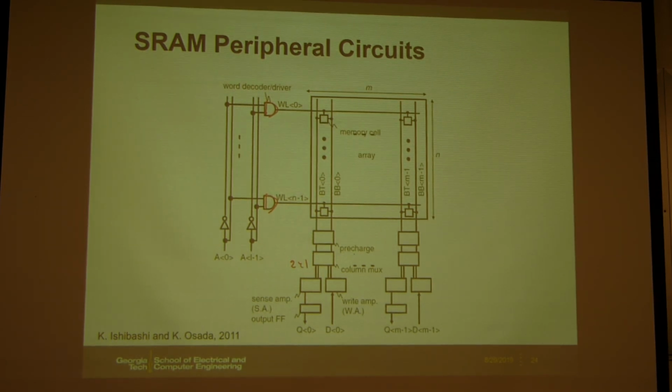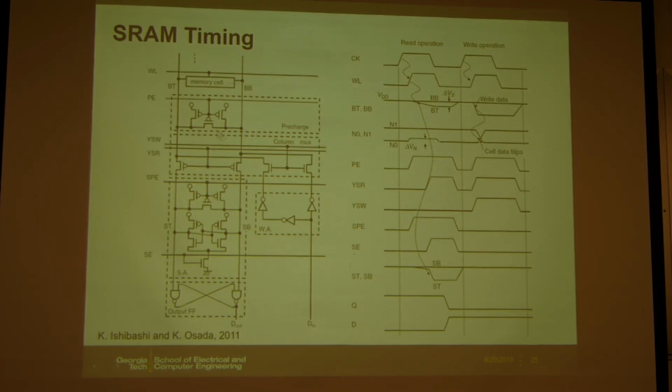So let's look at some of the detailed circuits. This is the simplest SRAM peripheral circuit. Of course, today's designs can be more complicated, but this is the simplest version. First of all, for the precharge, what you can do is have 3 transistors in this fashion.